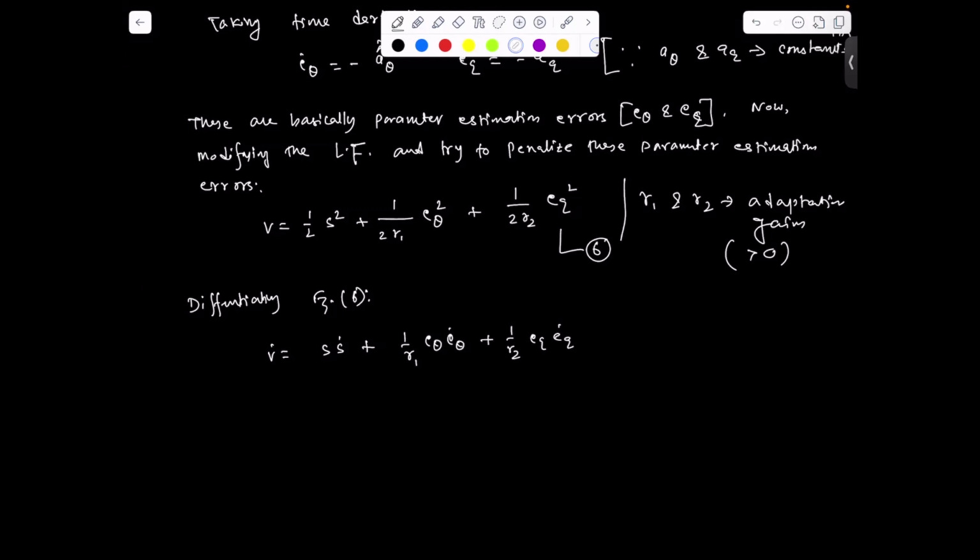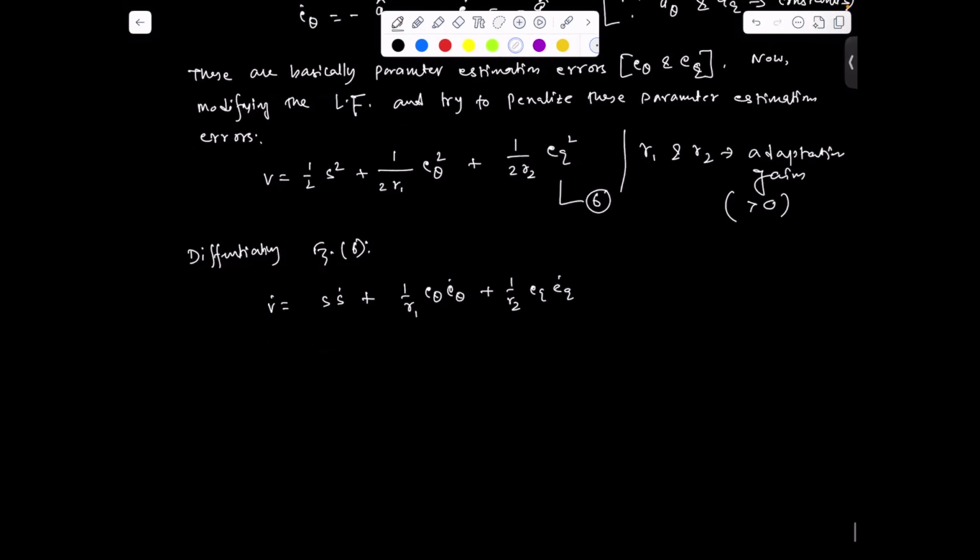We need to work on these 3 different terms, and finally we'll come to the stability part, how we can make this V dot negative definite.